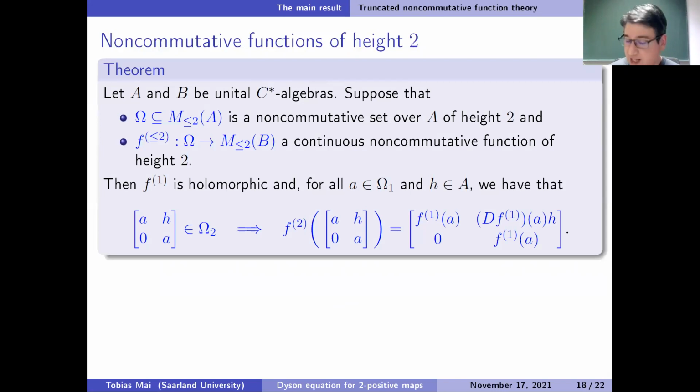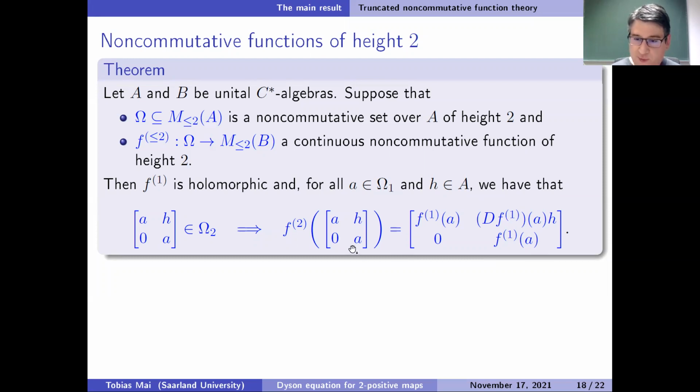And in fact, it's already interesting, as you know, in the case of two-positive maps, or non-commutative functions of height 2, because then you can already go one step up, and you have the usual trick available, which allows you to compute basically the Fréchet derivative in terms of evaluation.